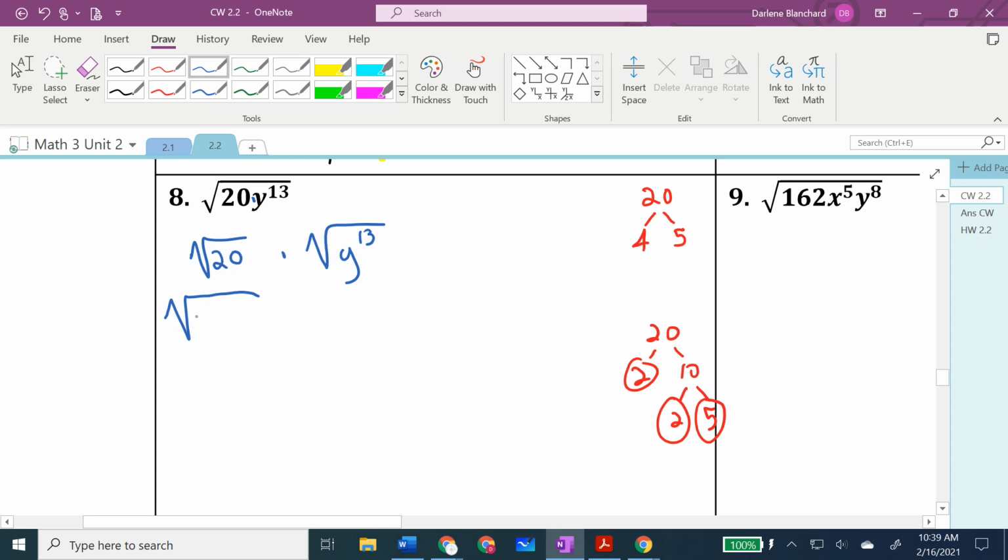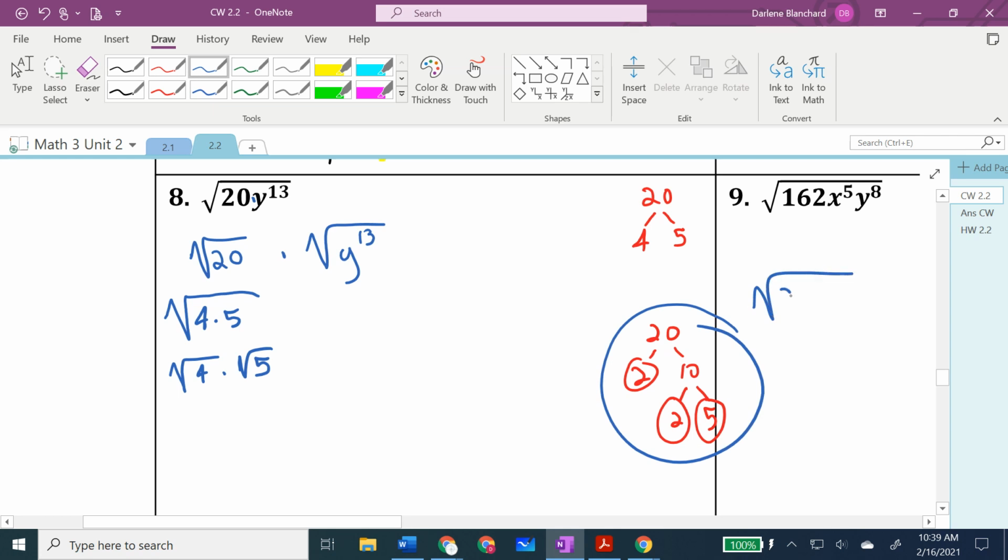you can either see it as the square root of 4 times 5, or you can see it as the square root of 2 times 2 times 5. And then the index is how many times you're multiplying.